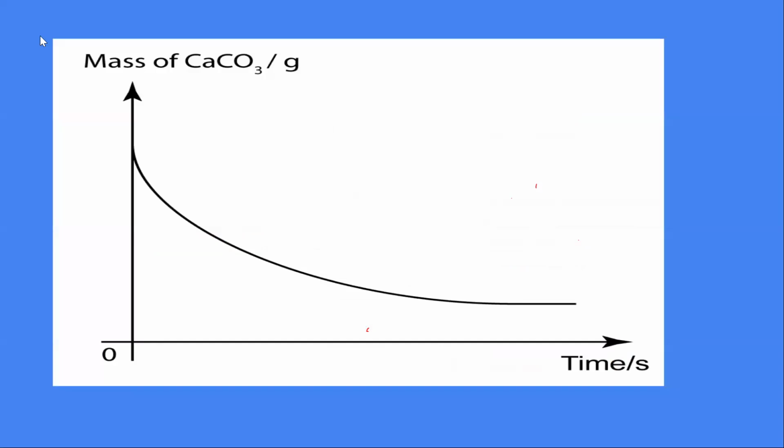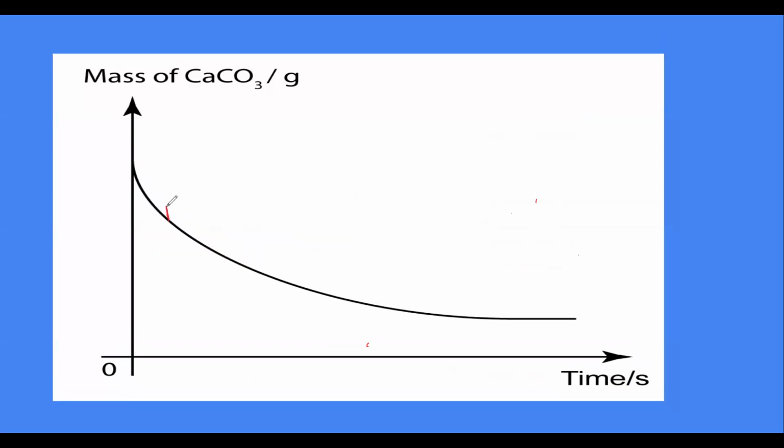The mass of calcium carbonate is going to decrease because it's being used up. So of course, here we have a lot of calcium carbonate, the decrease is a lot, whereas here, the decrease is not so much.